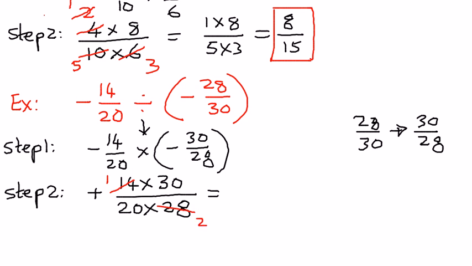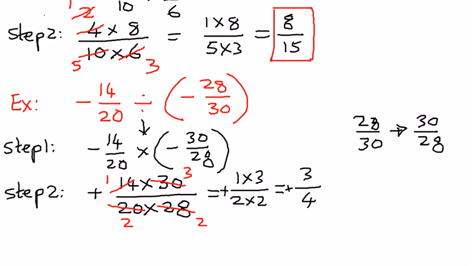Then we look at the numbers 30 and 20. The 30 is in the numerator, 20 is in the denominator. Whenever a number ends in 0, it is a multiple of 10. So 10 times 2 is 20, 10 times 3 is 30. So we have simplified. There are no more numbers to simplify, so therefore we'll put them together. 1 times 3 is what we have in the numerator, and 2 times 2 is what we have in the denominator. 1 times 3 is 3, divided by 2 times 2 is 4, and all of this is with a positive sign.